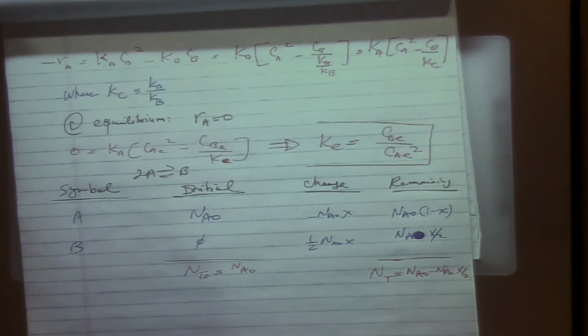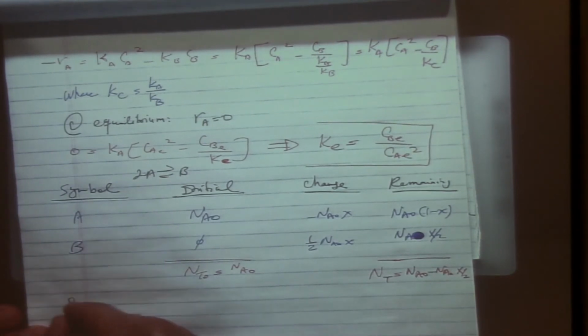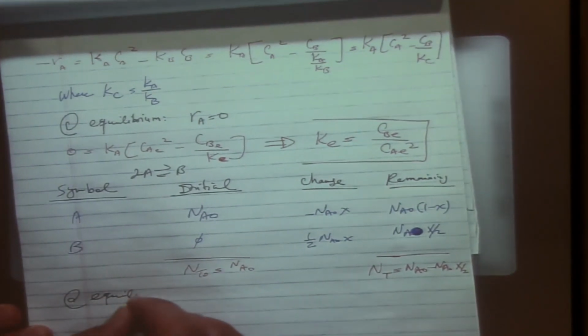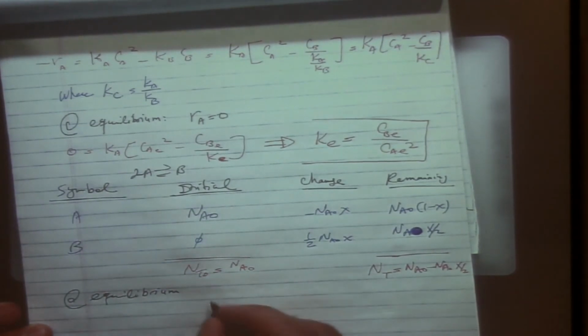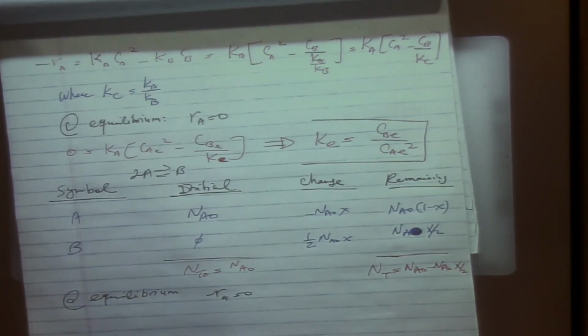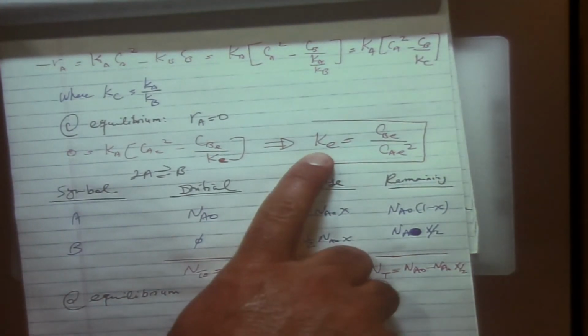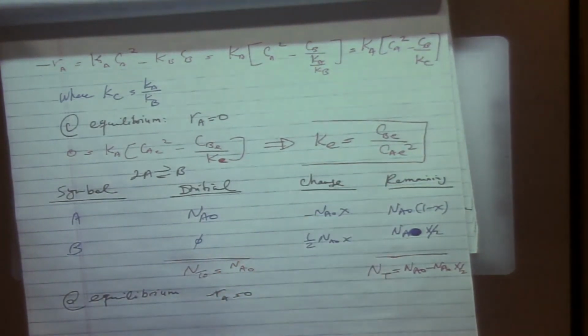At equilibrium, we have minus Ra equals 0, and as I wrote in the previous pages, Kc would be Cbe over Cae squared.